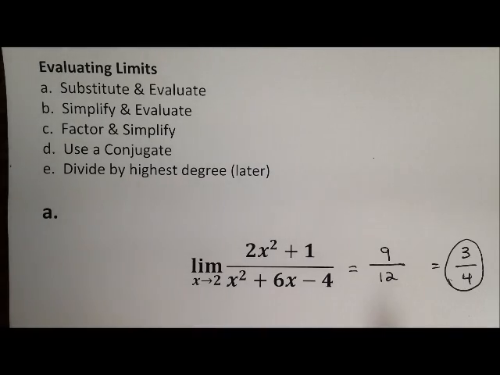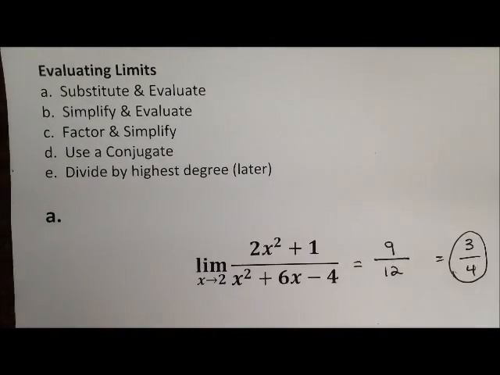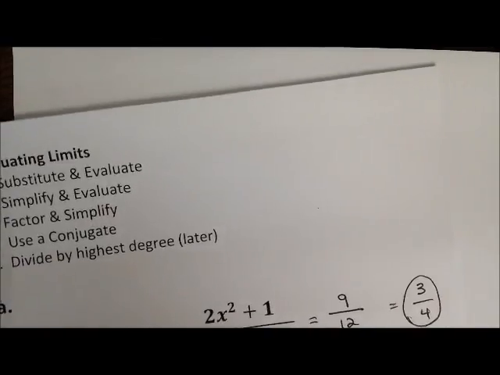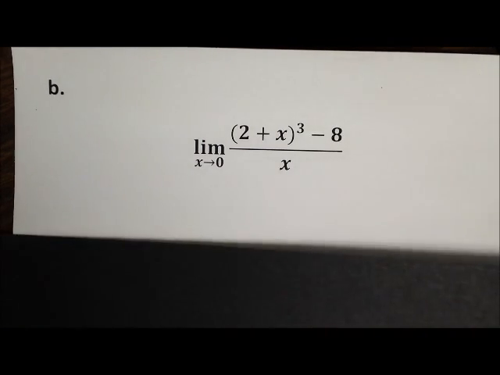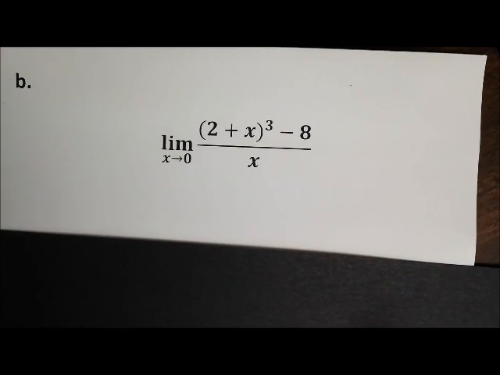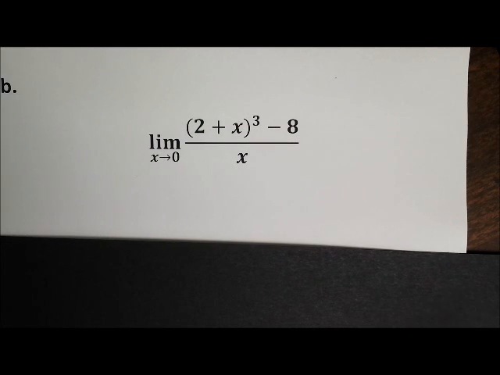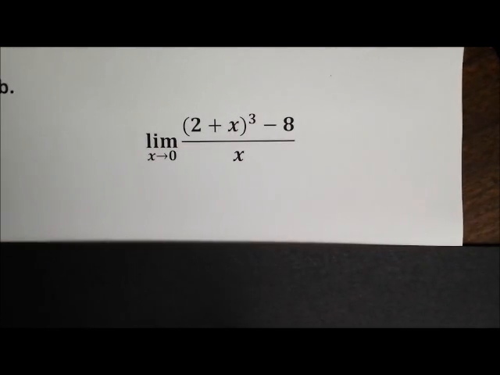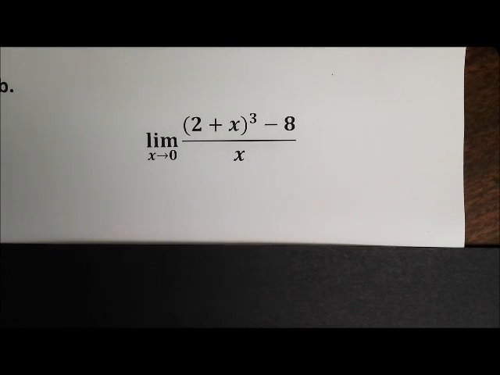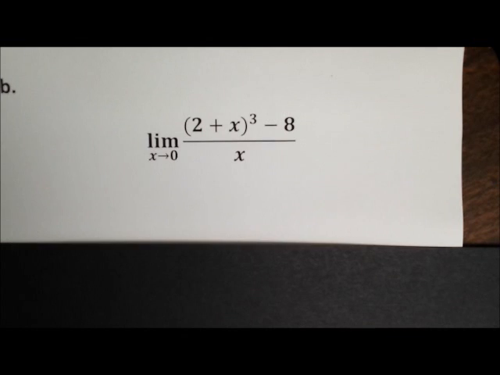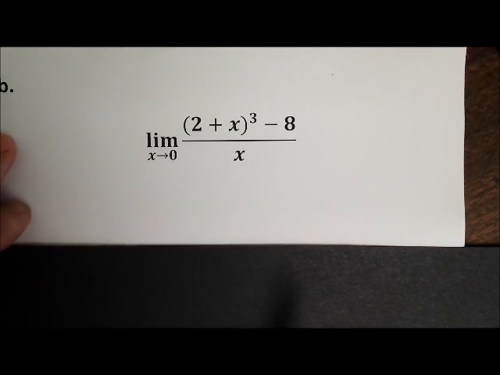Okay, the next one is to simplify and evaluate. So let's take a look at one of those. So we have a binomial here that's being cubed. So we could take some time and multiply 2 plus x times 2 plus x, get that answer, and then multiply that answer times another 2 plus x.